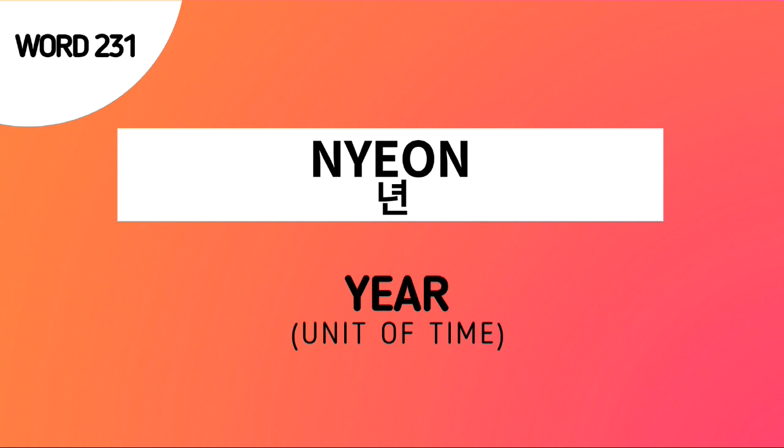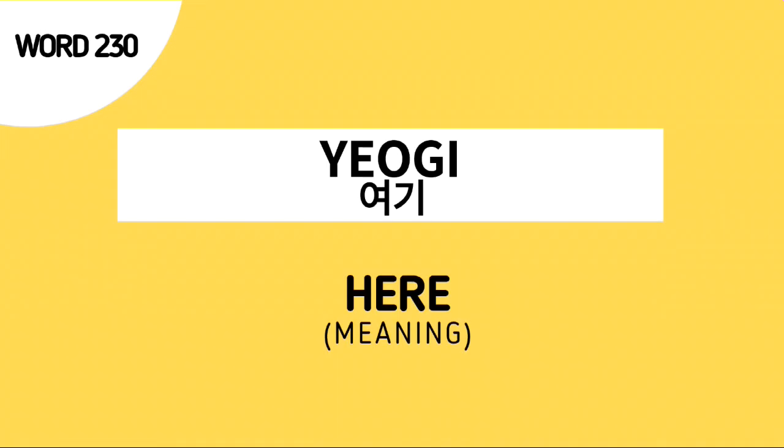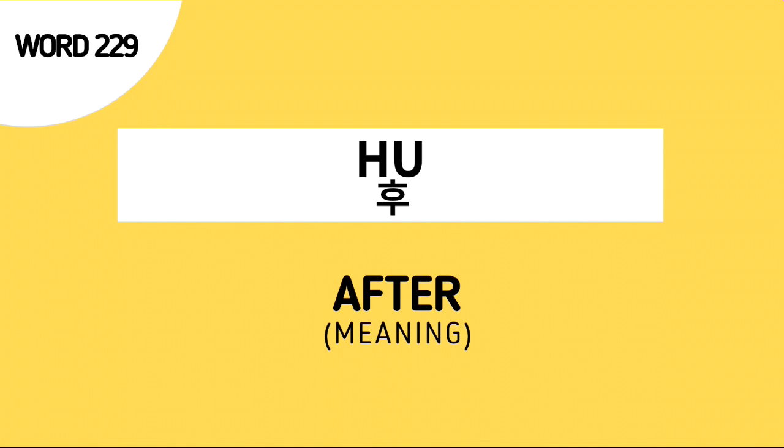Word number 231 is 년, which means year. Word number 230 is 여기, which means here. Word number 229 is 후, which means after.